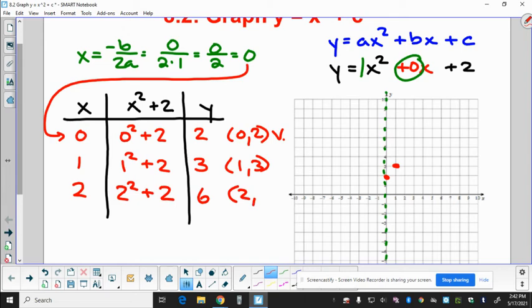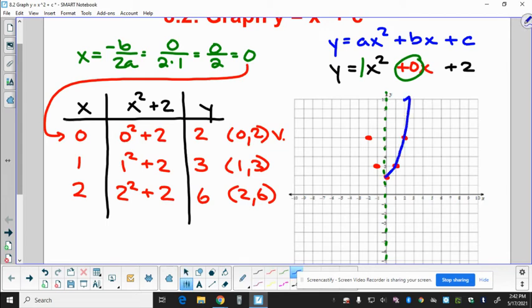So that's 2, 6. And there you go. Then remember what we learned before is that you're going to reflect those points that you found across the line of symmetry. So that one would be there, 2 units over, and go ahead and draw it.